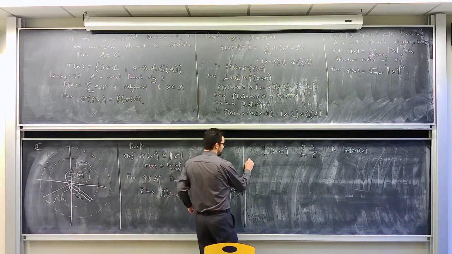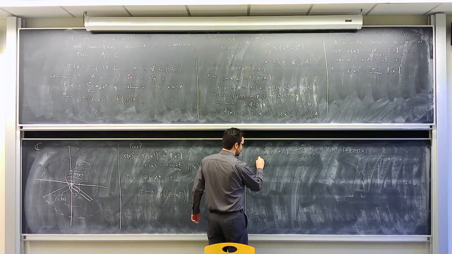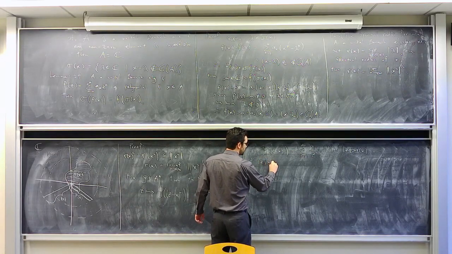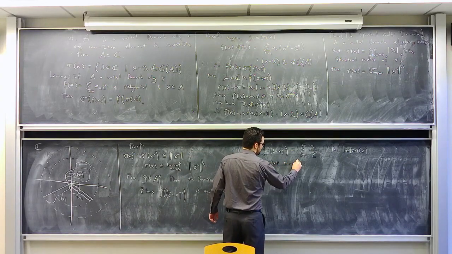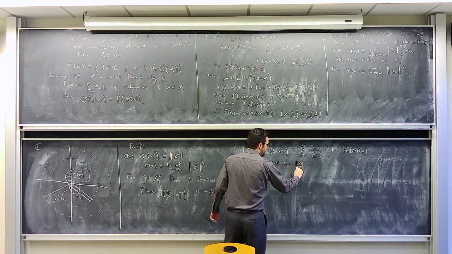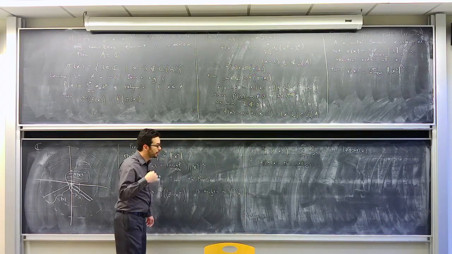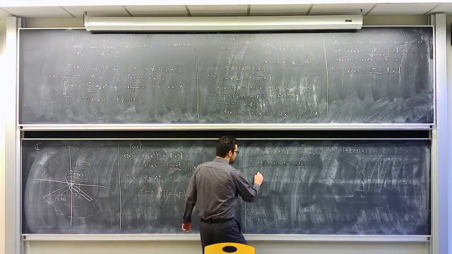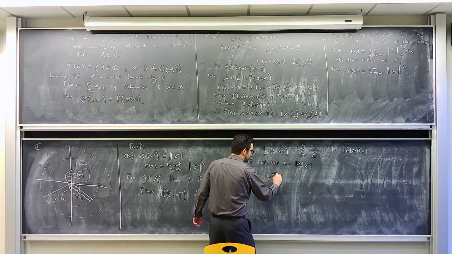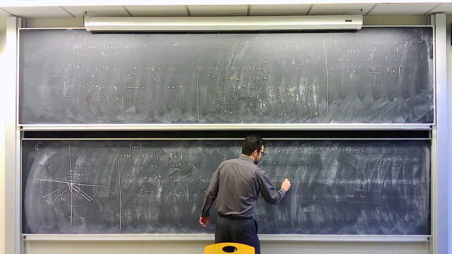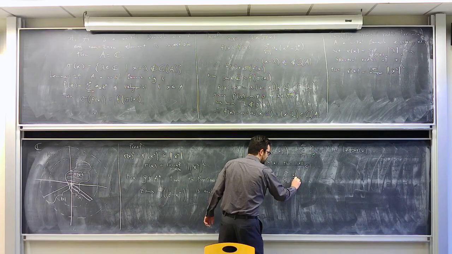Recall that we did this last time: if the absolute value of z is greater than the norm of x, then the norm of x divided by the absolute value of z is less than 1, which meant that we had a formula for the inverse. 1 minus x over z inverse was exactly the sum as n goes from 0 to infinity of x to the n over z to the n.